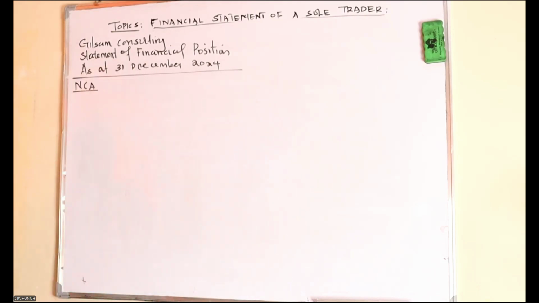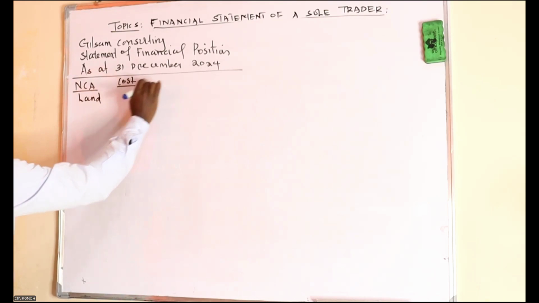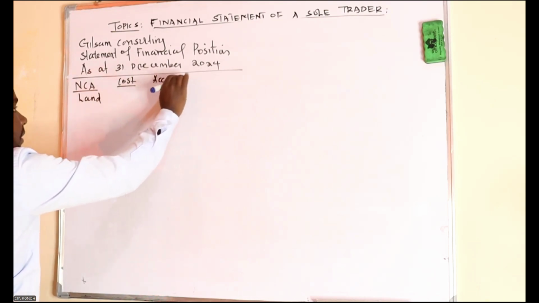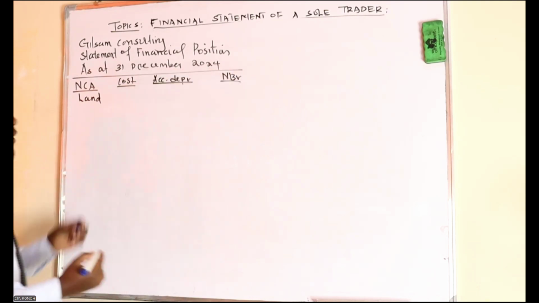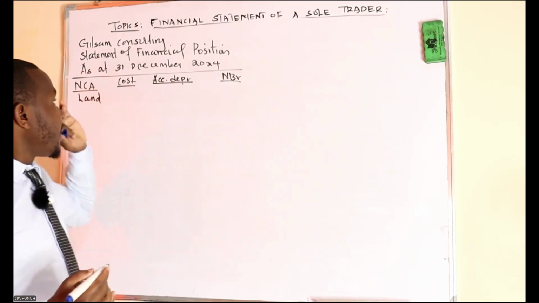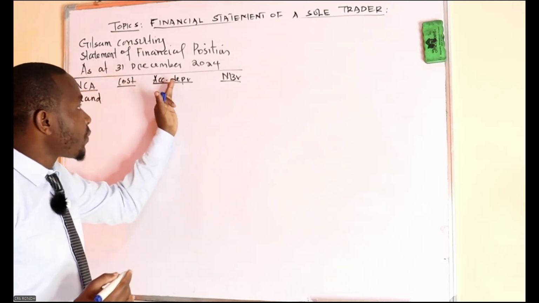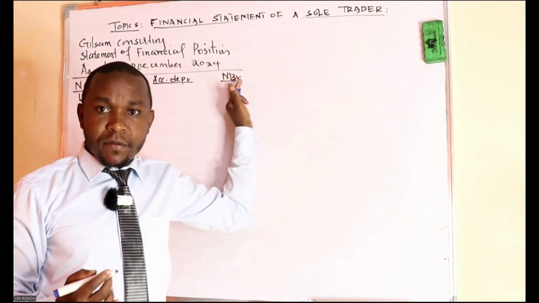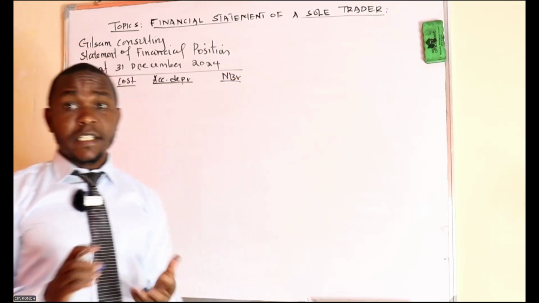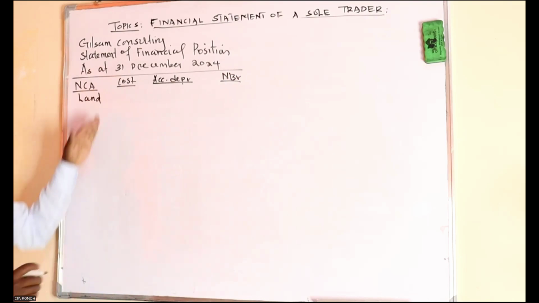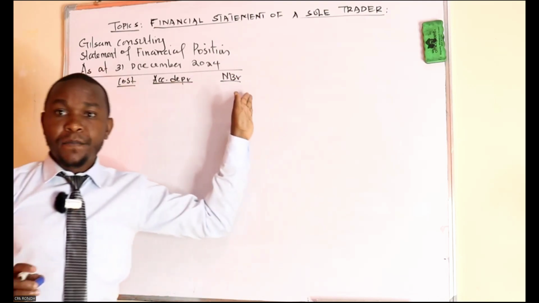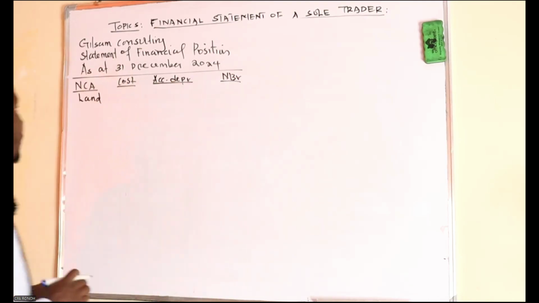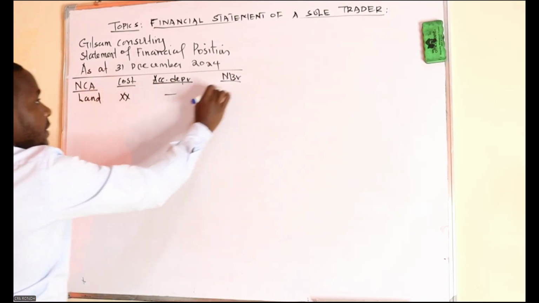Another person might take, for example, land, with cost here, and then bring accumulated depreciation, and then the net book value. I like using this one because a student will understand that this is the cost, this is accumulated depreciation, and this is the net book value. But in the exam, because you don't have enough time, you can use your calculator to do all that and provide the net book value. So land, you don't depreciate.